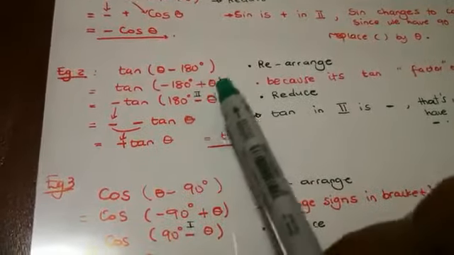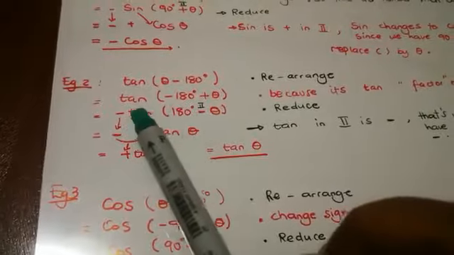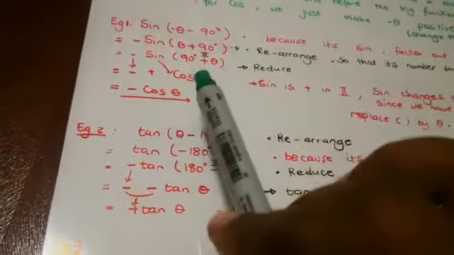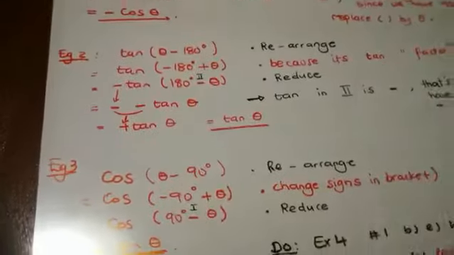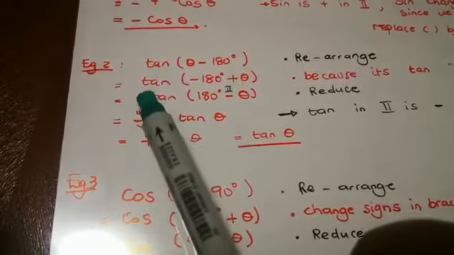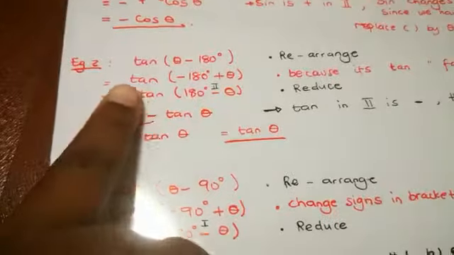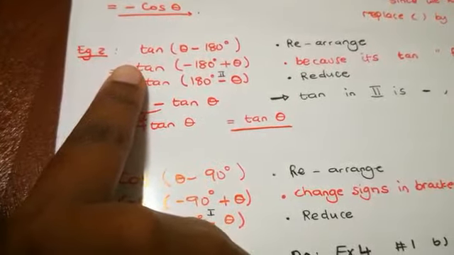Okay, again, you still have a bracket, so that means we must reduce. Remember, this one doesn't change to anything because inside the bracket is 180. The function changes to cos only when you have 90 inside the bracket. Just be careful there. All right, so now we've got a negative. Now I have to reduce, so you forget about this negative and deal with the tan on its own.